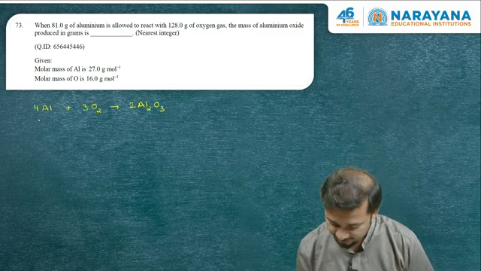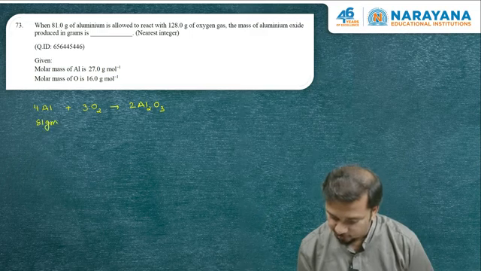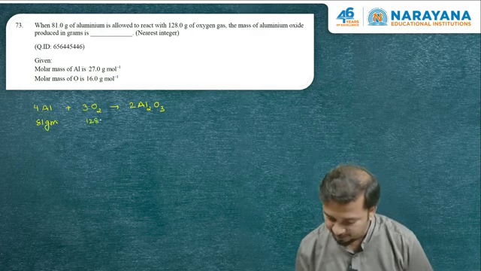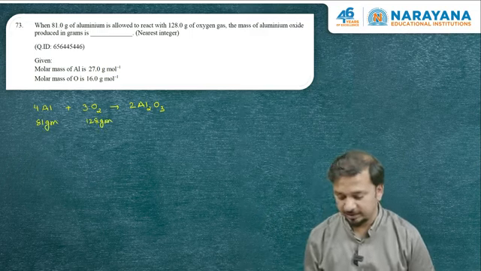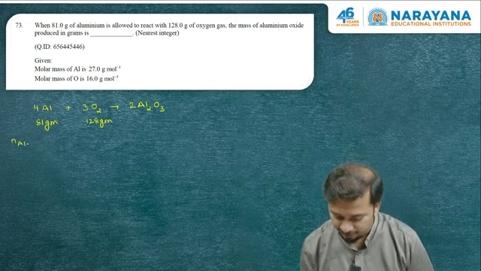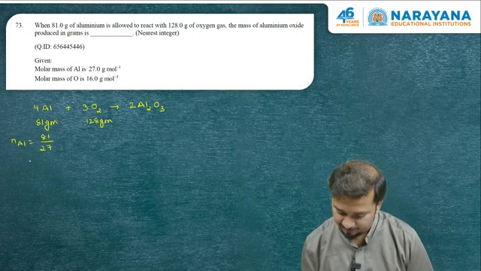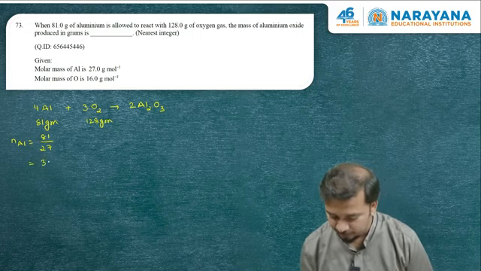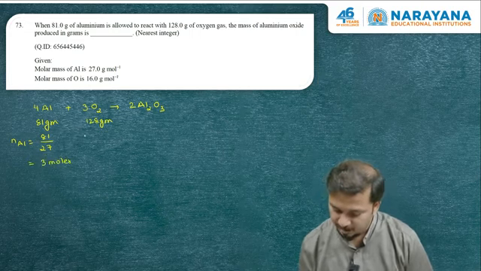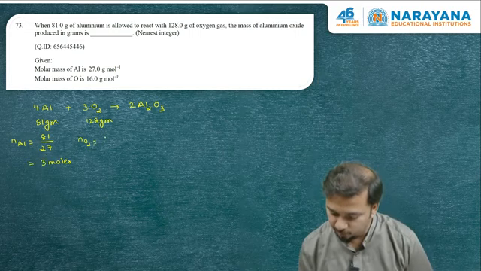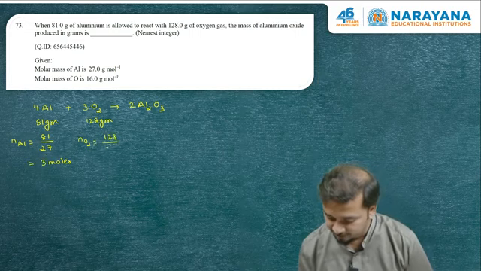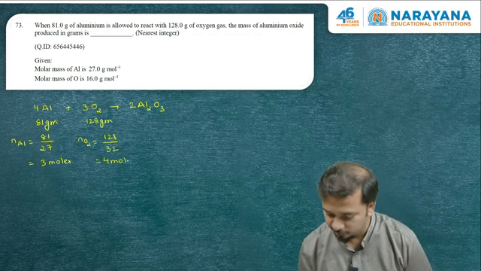Now, we have 81 gram of aluminum and 128 gram of oxygen gas. So, moles of aluminum will be equal to 81 divided by 27, which is equal to 3 moles, and moles of O2 will be equal to 128 divided by 32, which is equal to 4 moles.